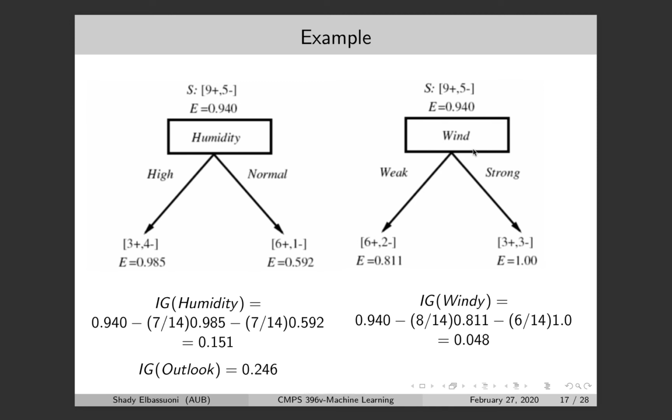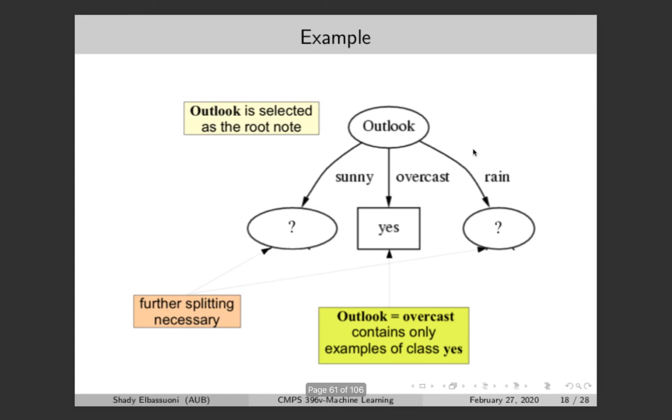I can also compute the information gain for outlook, which is 0.246, and the information gain for temperature, which is 0.029. Which one had the highest information gain? It's outlook, so I should pick this attribute greedily as the attribute to split on first.